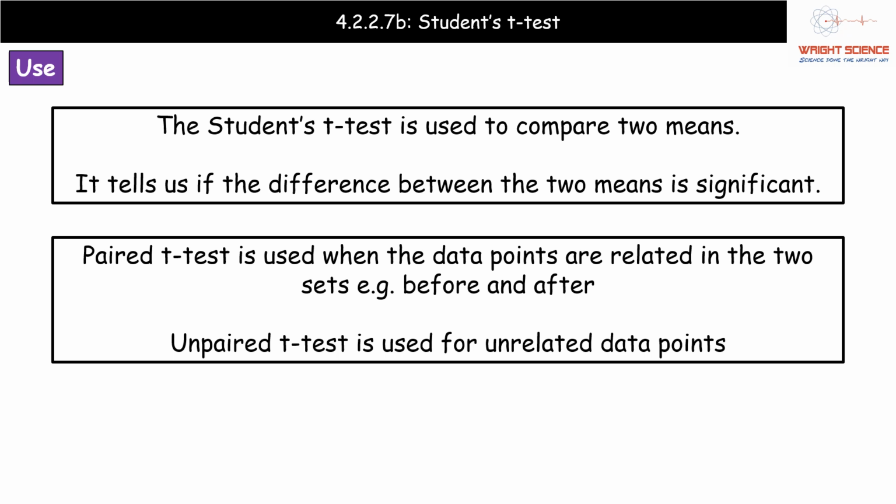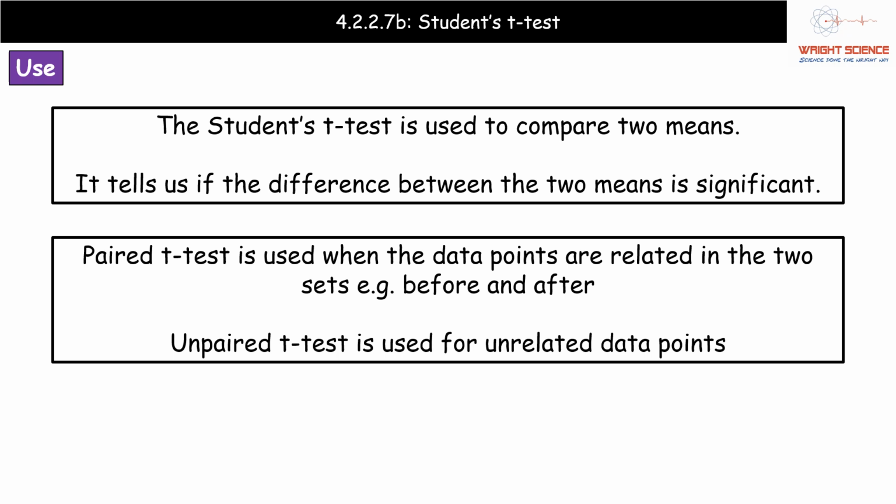In terms of when we would use a t-test, this would be when we're comparing two means. And basically what it's going to do is tell us if the difference between two means is significant or not. There are two types of t-test that we could use: paired or unpaired t-test.